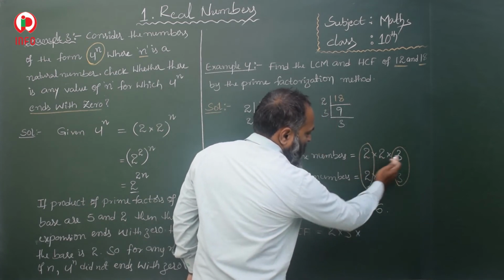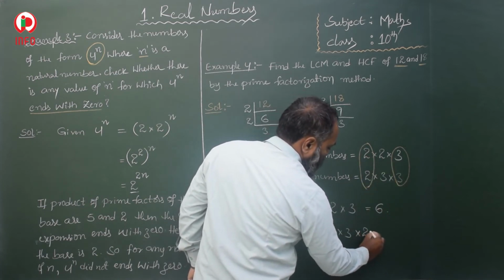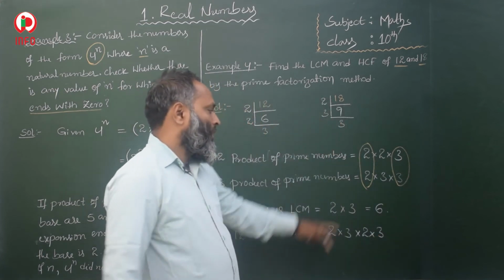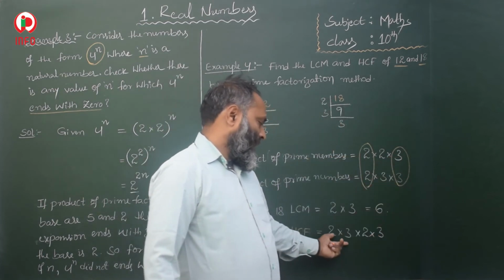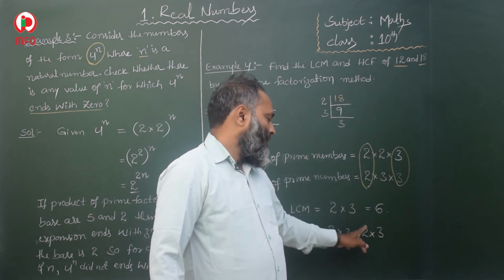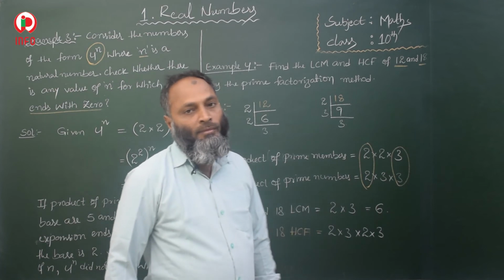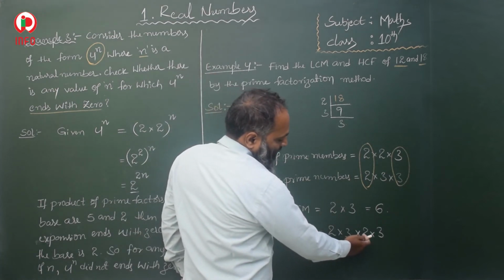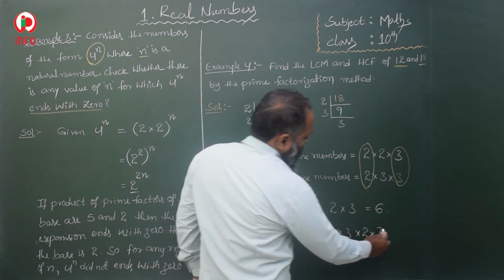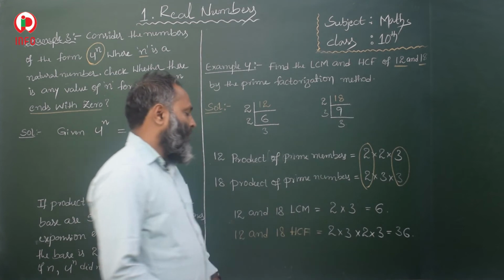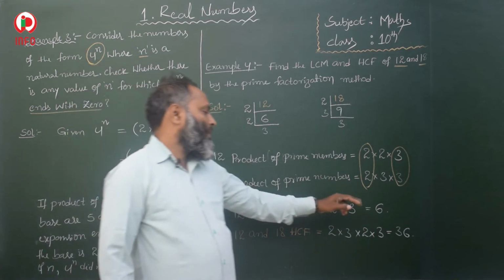So here 2 is left in the first number, and in 18, 3 is left, that also we should take. Now you find the product: 2 threes are 6, 6 twos are 12, 12 threes are 36. 36 is the HCF and 6 is the LCM.